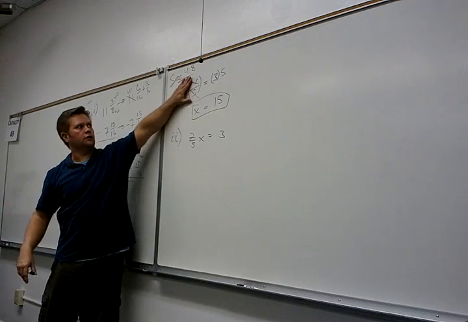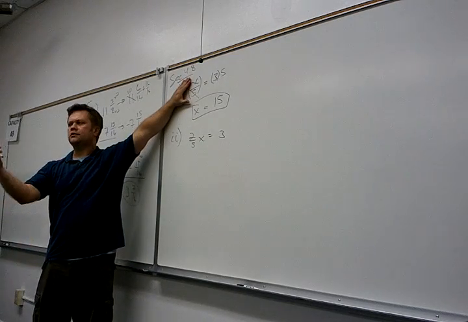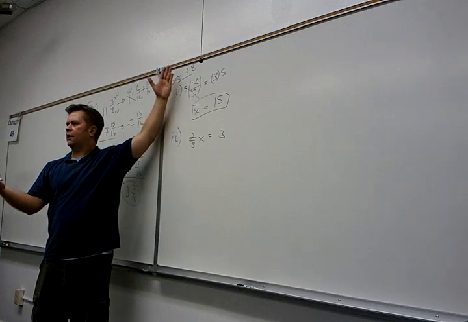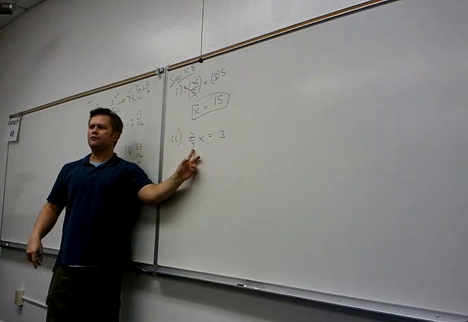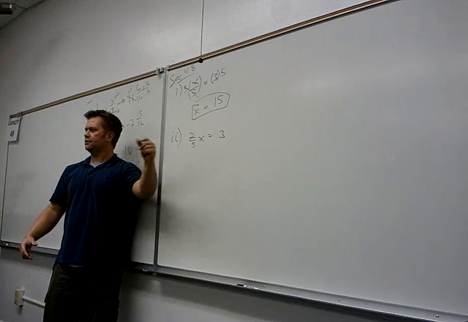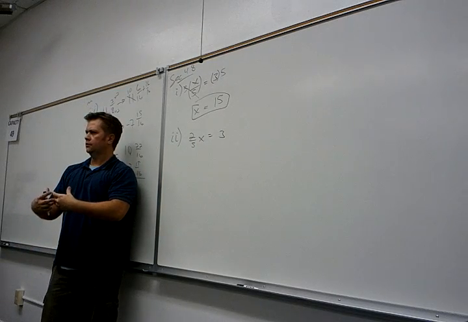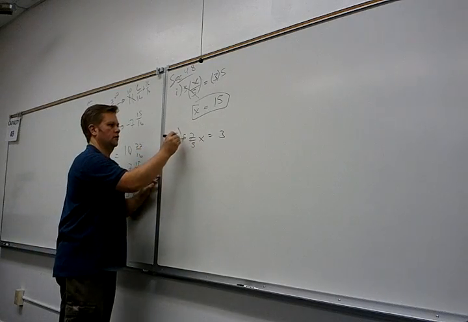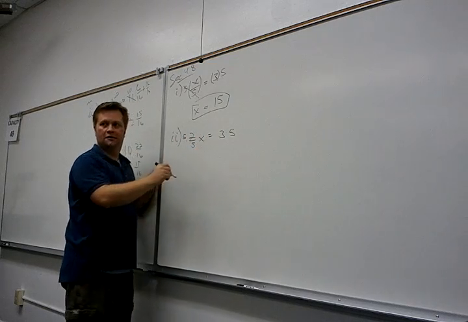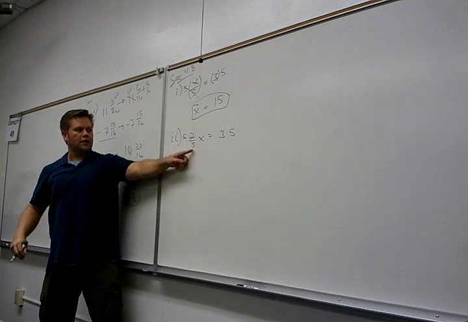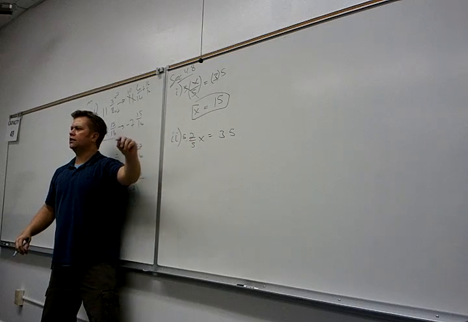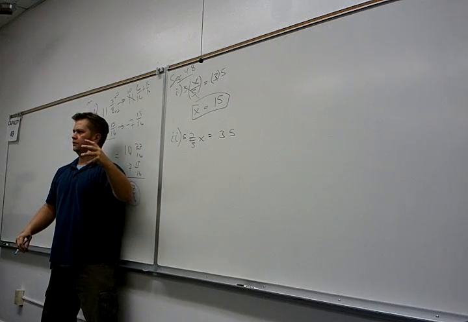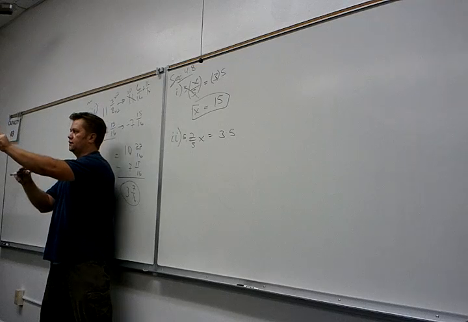Here, just the 5 was with the x. Here, I still have the 5, and it's still dividing, so what do I do to kill it? Multiply by 5. So those cancel, but what do I have to do with that 2 to kill it? Let me do this in 2 steps, and then I'm going to do it in 1 step.